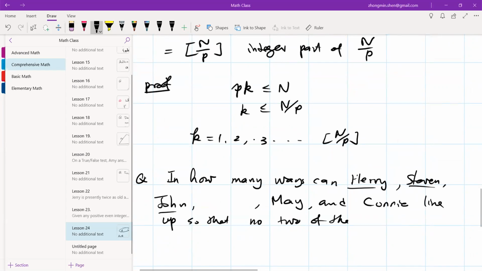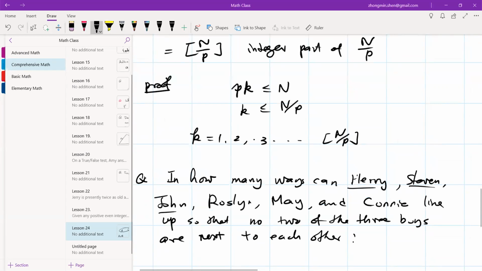A female name, right? Rosary. Okay. So no two of the three boys are next to each other.